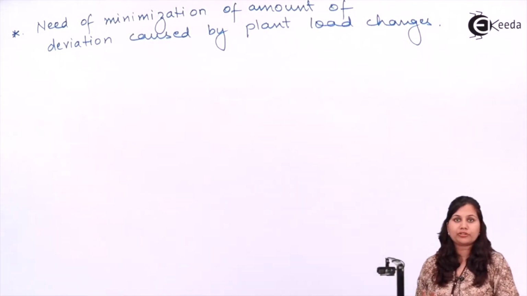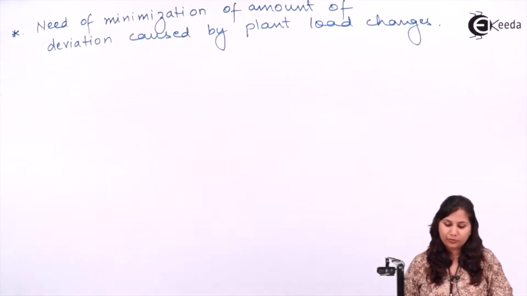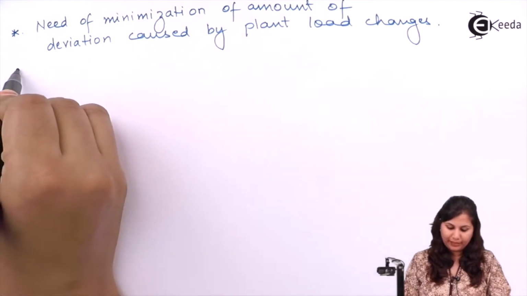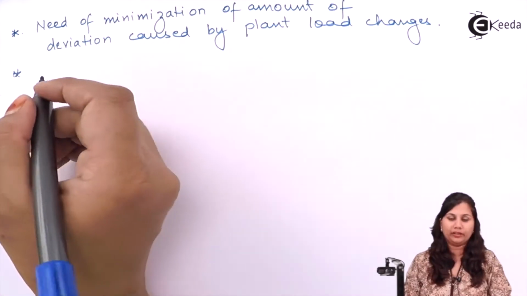So the proportional and derivative controllers are used where minimization of the amount of deviation caused by the plant load changes is required. Also, it is used where the maximum overshoot has to be reduced.